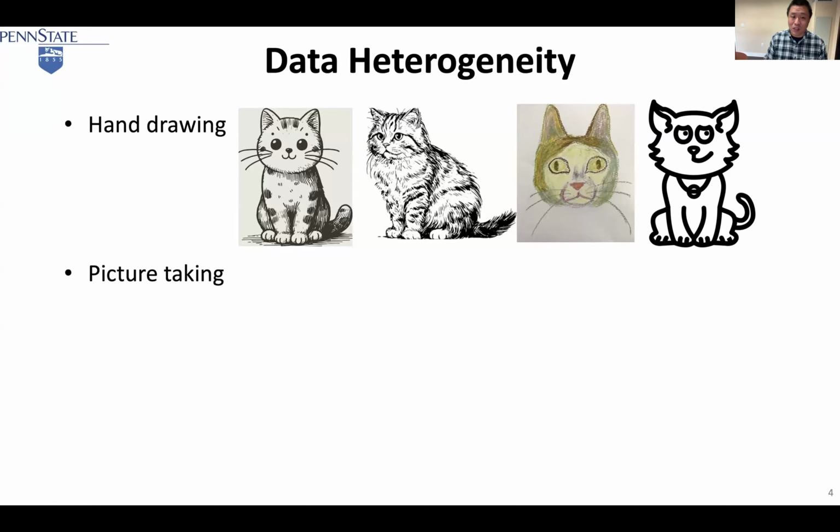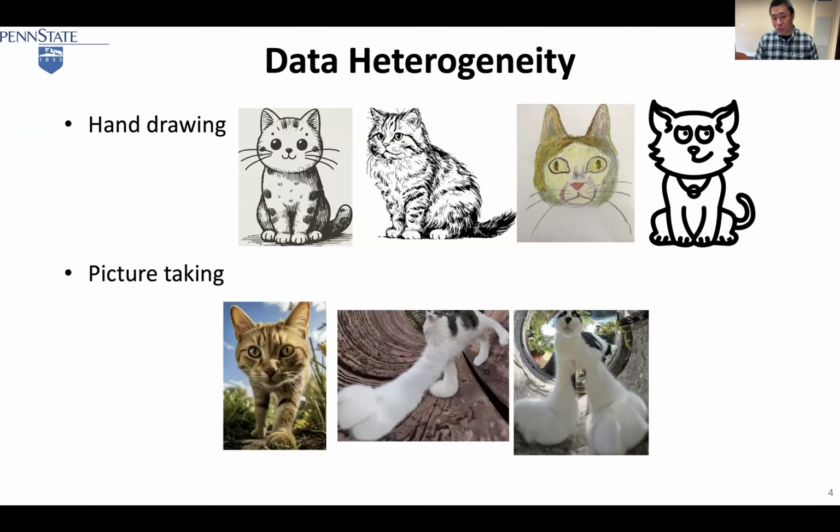So how about I just use my phone to take pictures? Then you have the same issue. When you take a picture of the cat, the image could come from different phones, different cameras, different lighting conditions, or different angles. In the end we have a very different dataset, but the whole dataset is labeled as a cat.